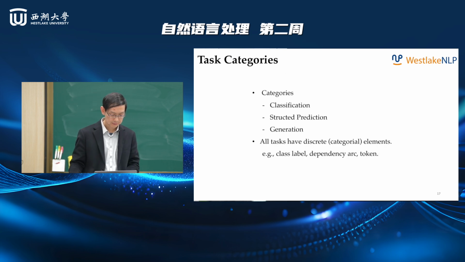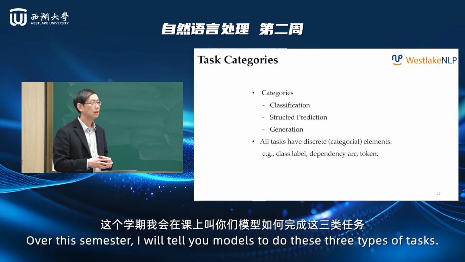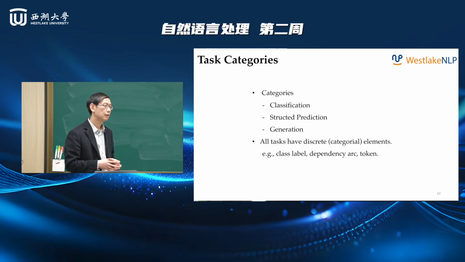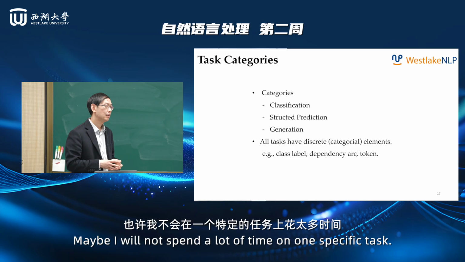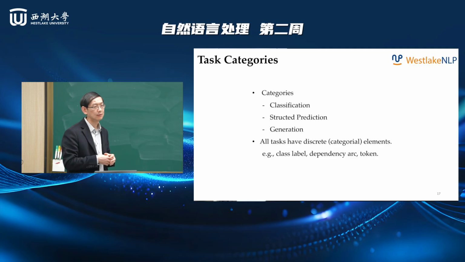Just to recap, over this semester, I will tell you about models to do these three types of tasks. Maybe I will not spend a lot of time on one specific task, but I will spend time on how to build a model for one type of task.